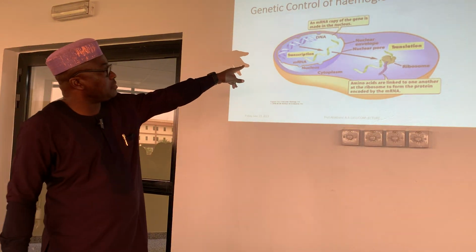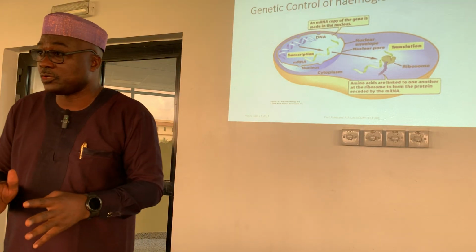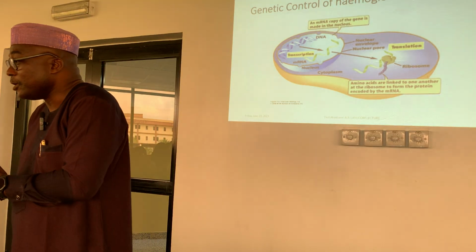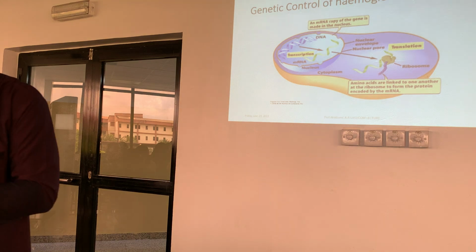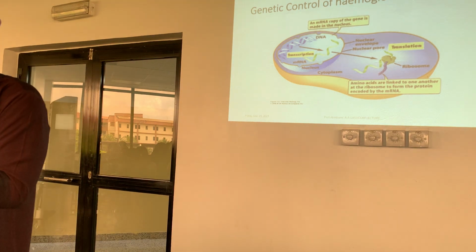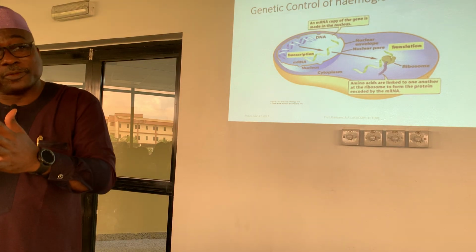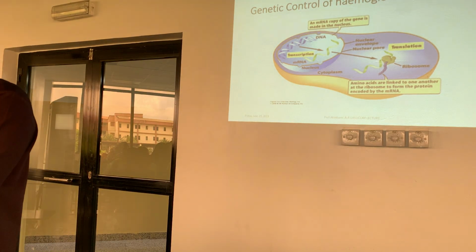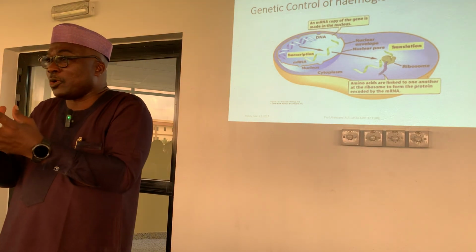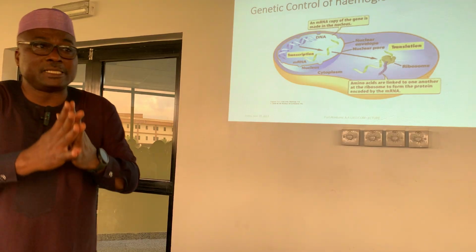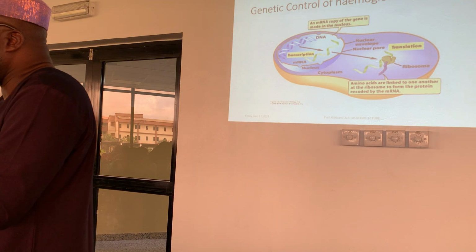So like I was saying, replication takes place in the nucleus. You agree with me? And then transcription takes place in the nucleus. After the transcription, which is a complementary copy of each strand of the DNA, the messenger RNA becomes smaller, and it is processed. The processing is to cut off the non-coding parts.